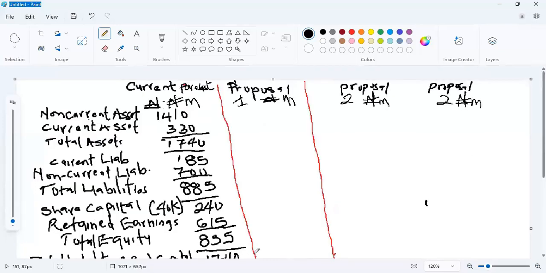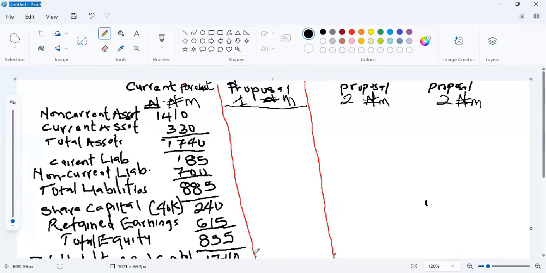For proposal 1, we are going to borrow more money. We are going to increase our debt, and we are going to repurchase shares. Will this proposal affect our non-current assets?